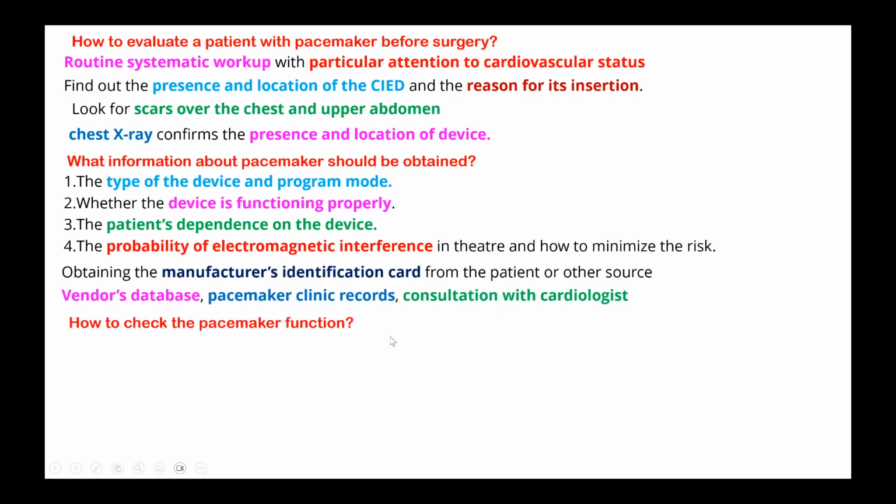And how to check the pacemaker function before you take up the patient. Supposing all these things are not available, and you want to see whether the pacemaker is functioning normally or not, can you do any clinical tests to find out? Can you reduce the heart rate? For example, a pacemaker is designed to deliver current and stimulate the heart if the heart rate goes below 40.